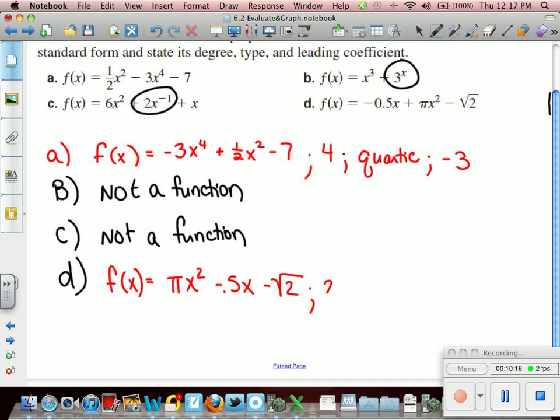A 2. And if it has a degree of 2, it's what kind of function? A quadratic. And what's its leading coefficient? Pi. Is that okay? Questions?